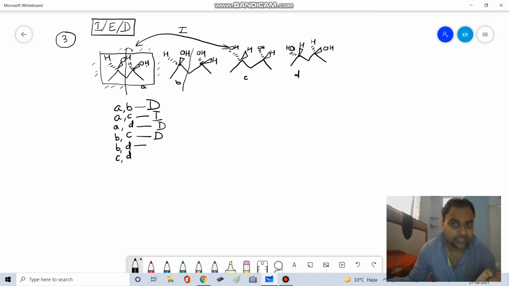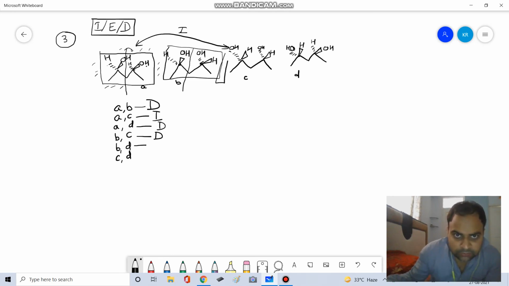These are configurational isomers, and because they are mirror images of each other, if you put a mirror here, you get D. If you put the mirror perpendicular to the plane of the screen or parallel to the plane of the screen, in both cases you will get D directly. What is the difference? If I put the mirror parallel to the plane, then this carbon is this carbon and this carbon is this carbon.